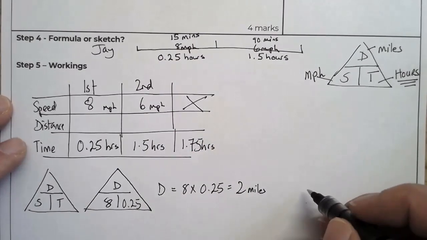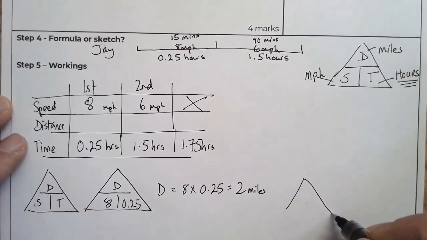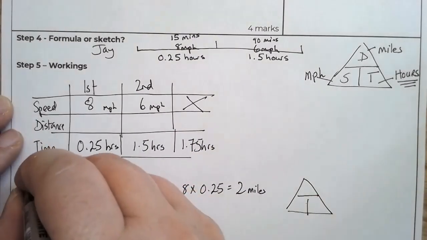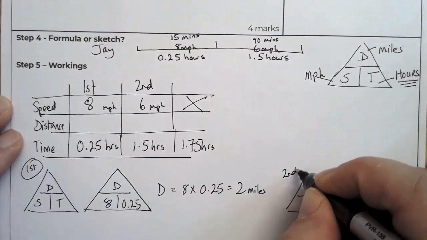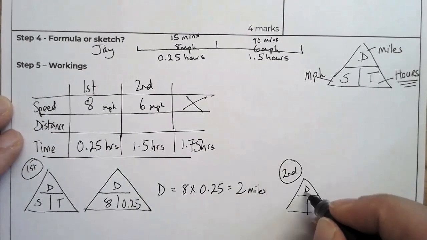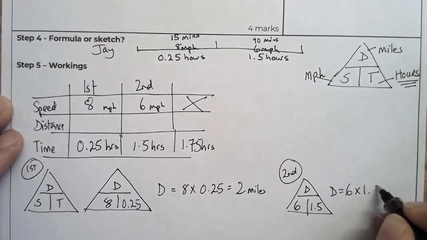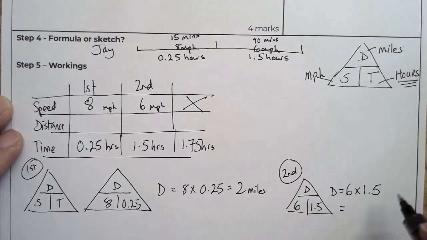We're going to do the second one here as well. The second leg, so this is the first, this is the second. We're still working out distance, 6 miles an hour, 1.5 hours, so distance equals 6 multiplied by 1.5, which does indeed equal 9.